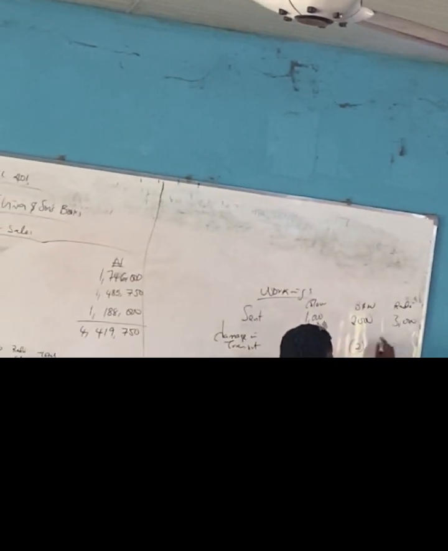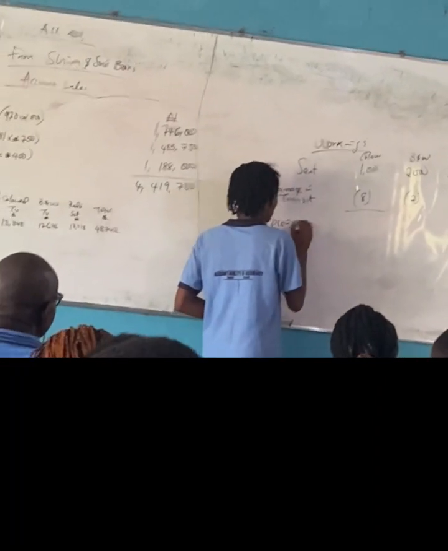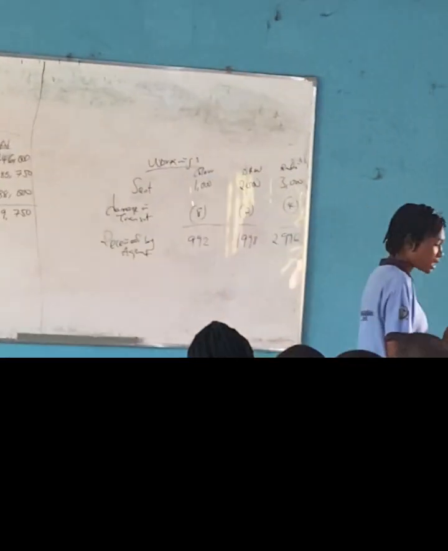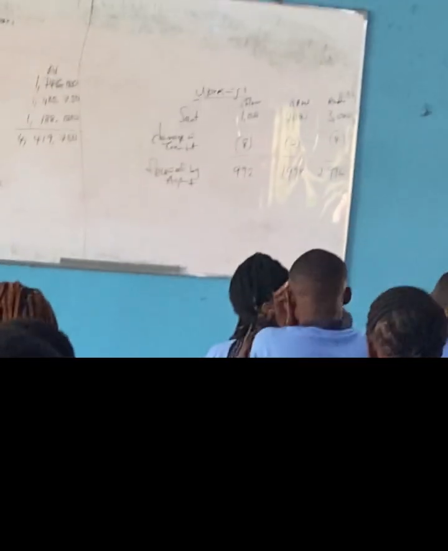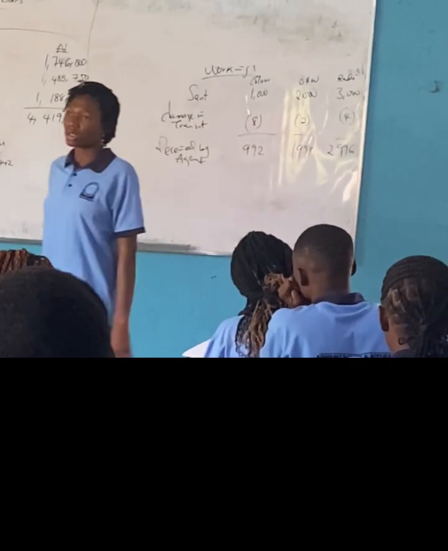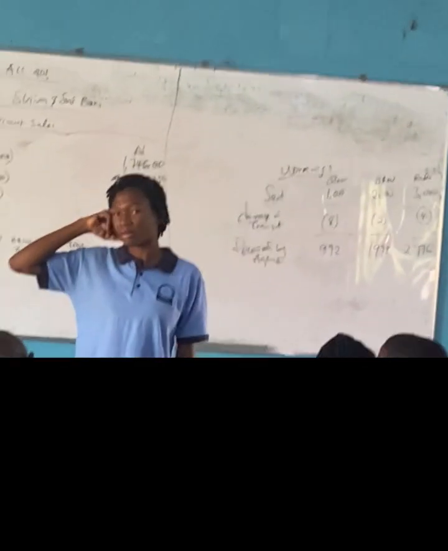And lastly, how many? 4. So how many were received by the agent? 992. Now, as an agent, if you receive 992 color television, how many television will you pay handling charges on?